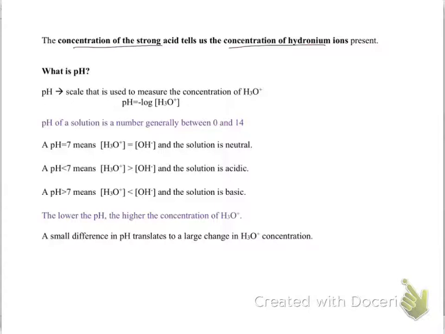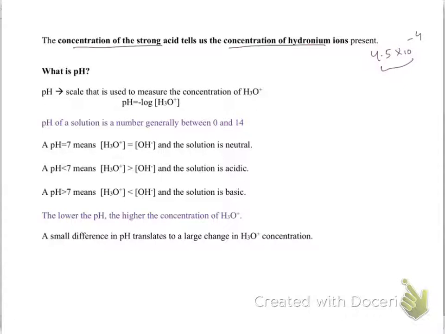And in the last examples, you saw that when we are putting the hydronium ion concentrations, let's say 4.5 times 10 to the negative fourth, numbers like these are very complicated to interpret. So what we do is use a pH scale, which is used to more conveniently report hydronium ion concentrations. So what is a pH?